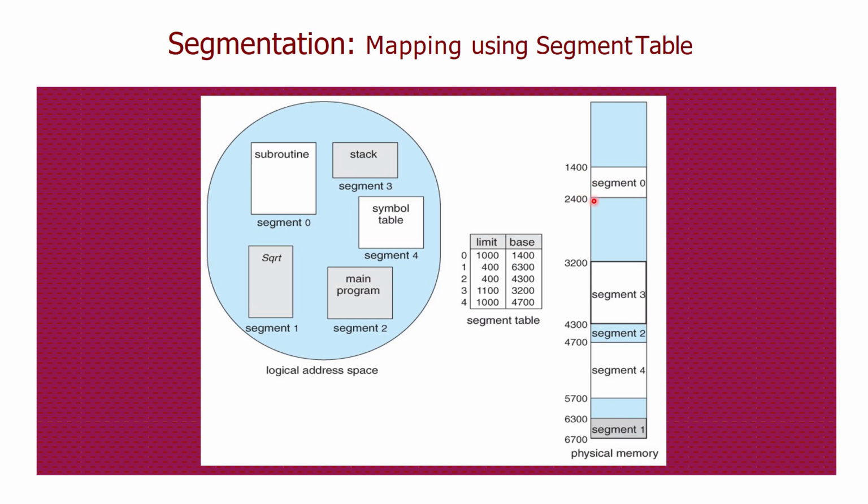So 1400 to 2400 is my segment 0, 6300 to 6700 is my segment 1, 4300 to 4700 is my segment 2, this one here. 3200 to 4300 is my segment 3, this one, and 4700 to 5700 is my segment 4, this one. So this is how we map it. We have to use these two values, limit and base, to generate this segment table, and based on it we can map it in the physical memory.